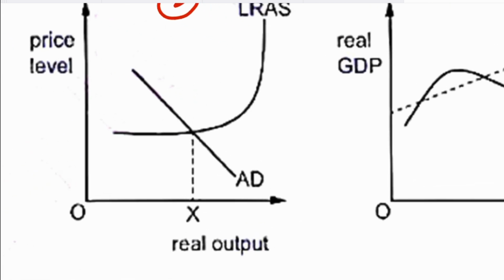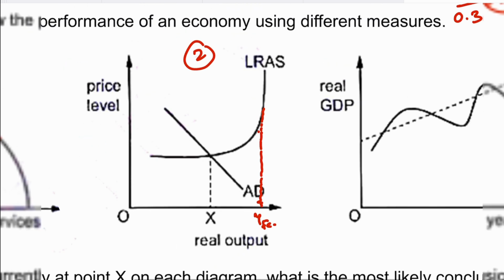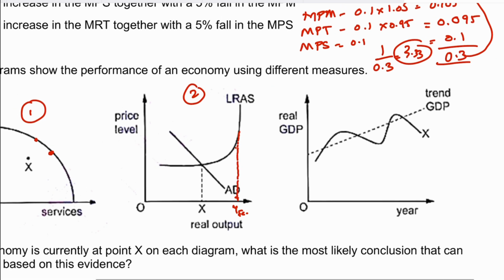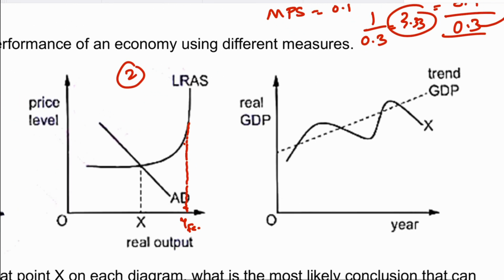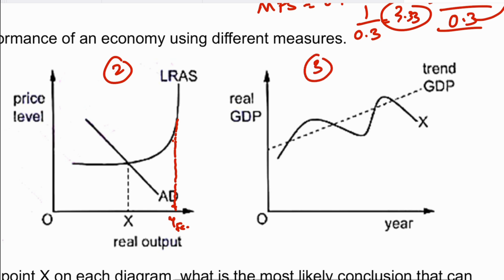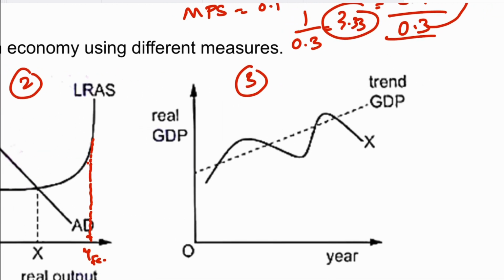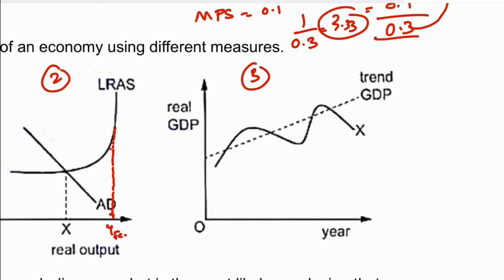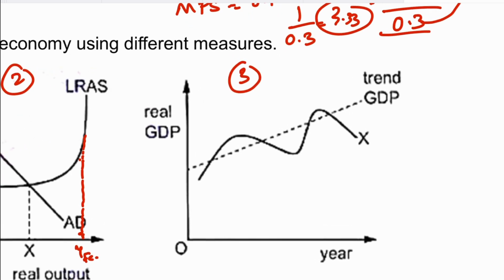We can clearly see that the economy is away from full employment, suggesting that we have a negative output gap, right? And this is again an indication of a recession, or we have a recessionary gap here. And the third diagram is showing that point X is below the trend, or your potential GDP, which means that the actual growth is below your potential GDP.